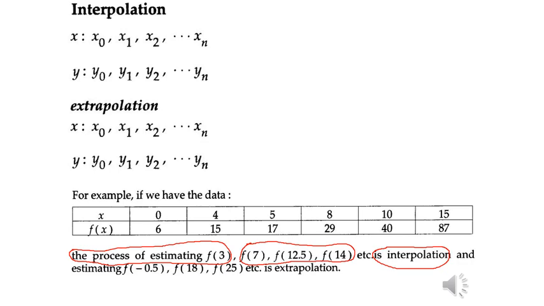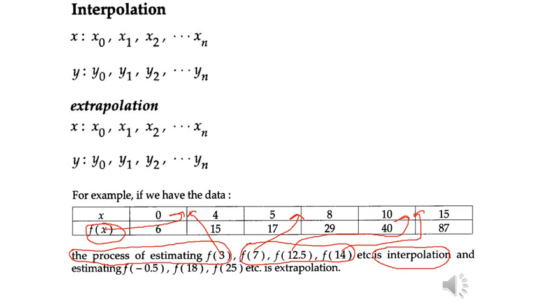So this 3 lies between 0 and 4. This 7 lies between 5 and 8. 12.5 lies here, and 14 is also lying here. So that's why it is called interpolation, that is, finding the value of f of x when x is inside the range.